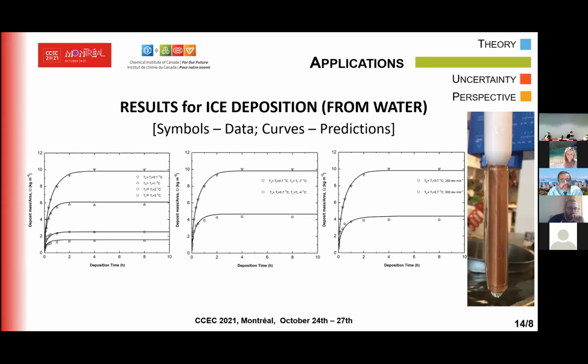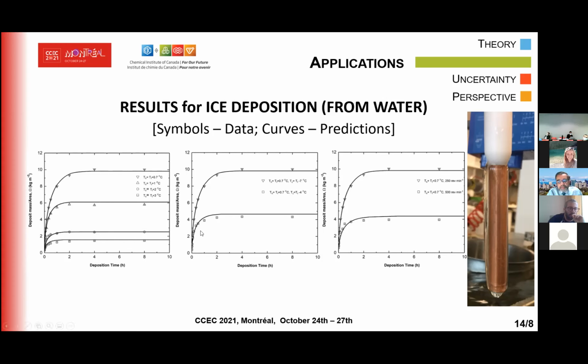Anyway, so the results: the symbols are experimentally measured deposit mass per area. So it's a mass per area in kilograms per meter square. And on the x-axis, we have deposition time. And the curves are predictions from the Stefan's moving boundary problem formulation that I showed before.